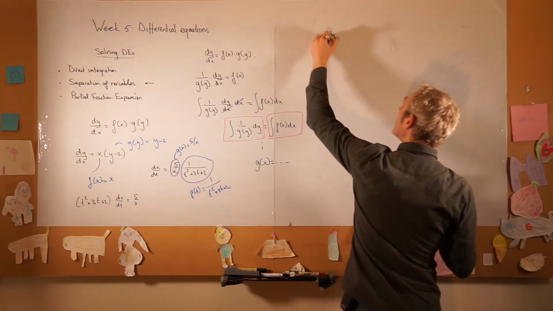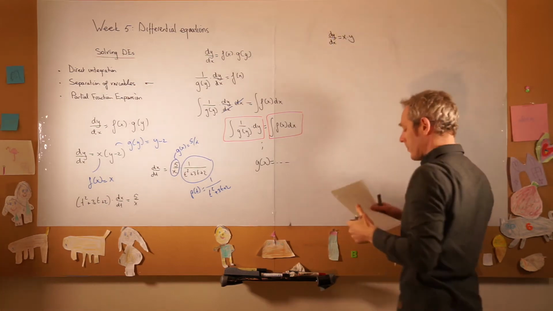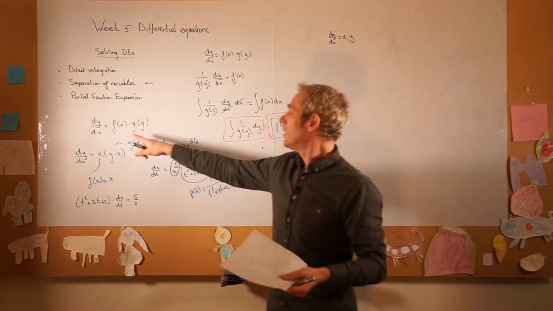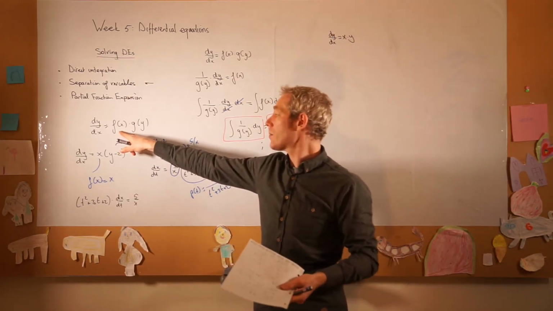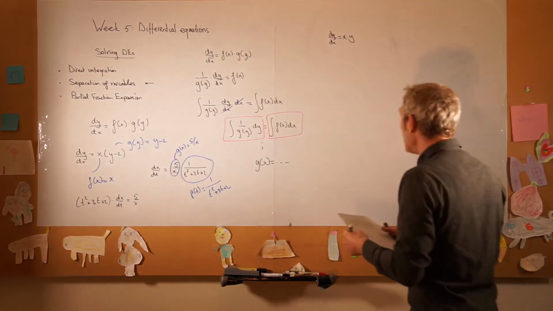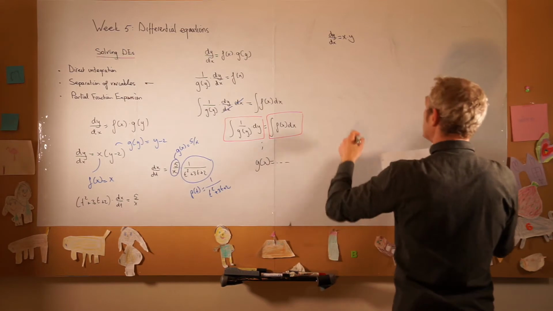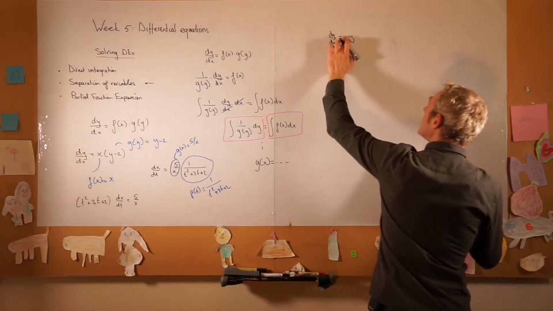All right, first an example. dy/dx is x times y. So here we have a differential equation of this form where fx is simply x and gy is simply y. Let's make it even easier.